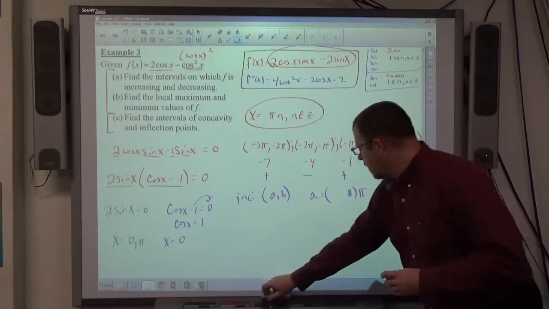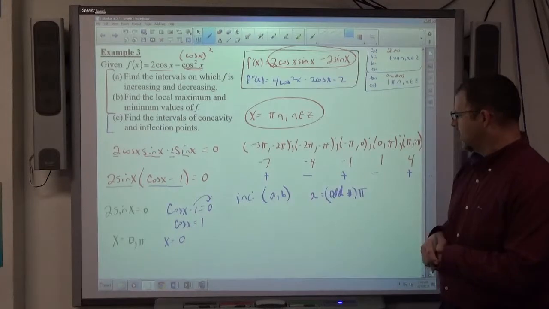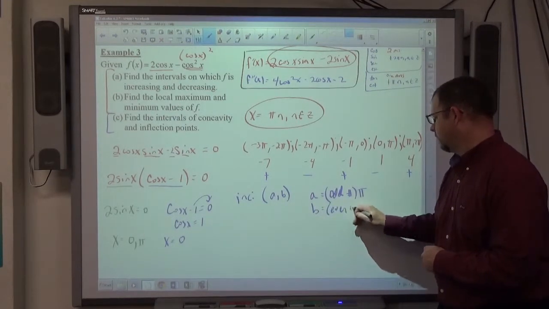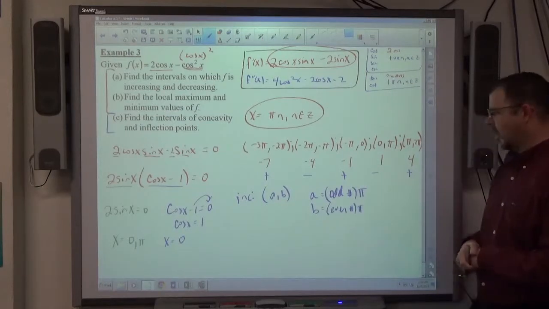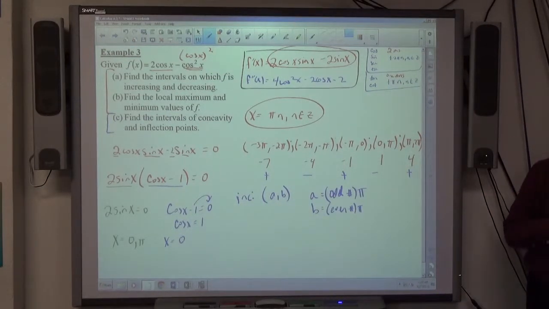If A is an odd number pi, and B is an even number pi. Okay. That would be a legitimate way to write this to demonstrate what's happening for this function.